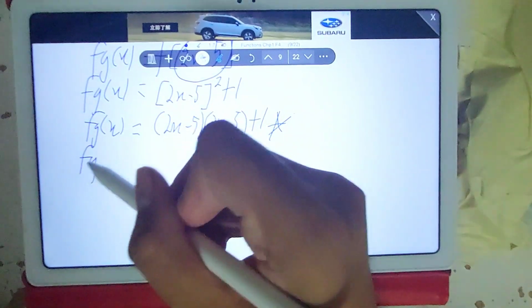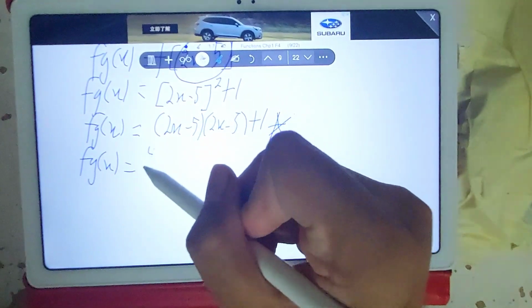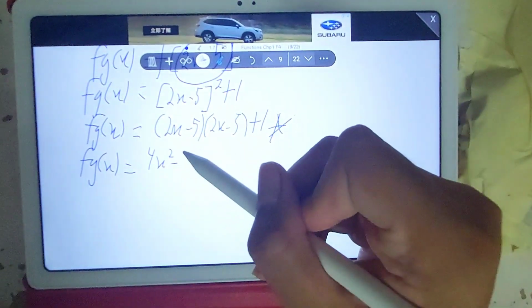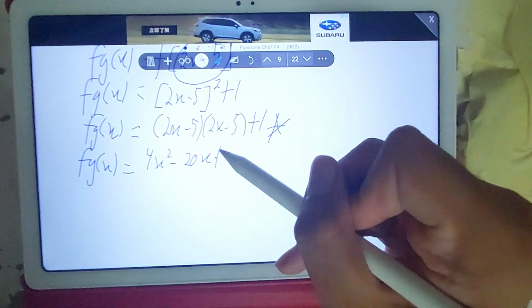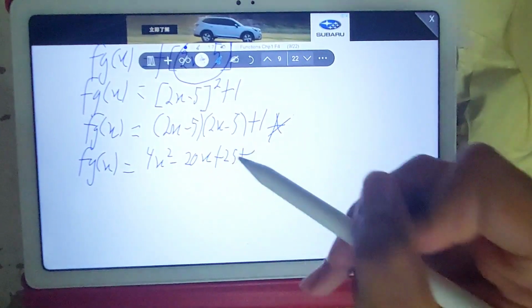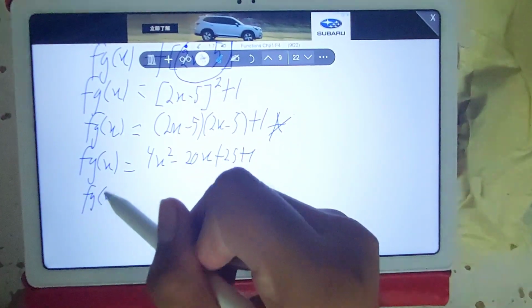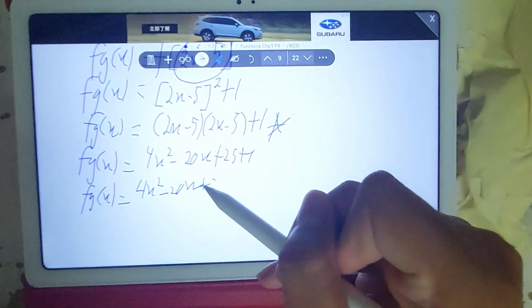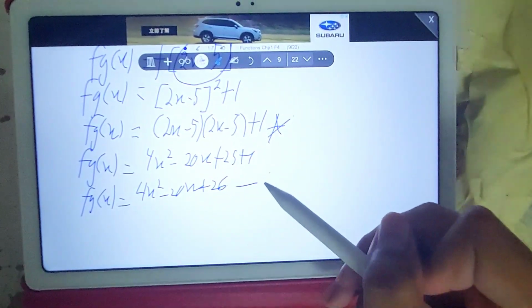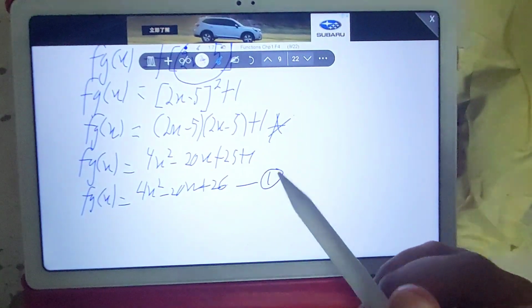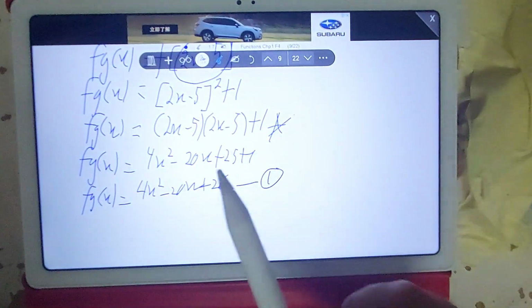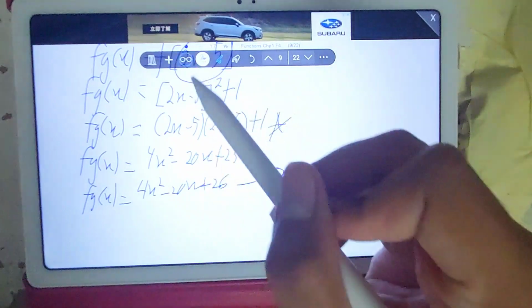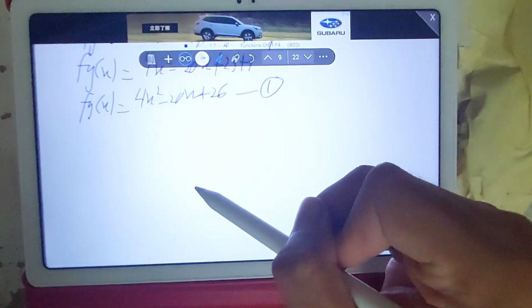So you will get f(g(x)) is 4x squared minus 20x plus 25 plus 1. So you already got your f(g(x)). You can put this as number 1, and then later I will say let 1 equals 2, something like that. So that's my idea behind this question.